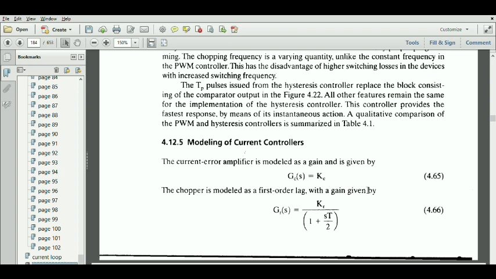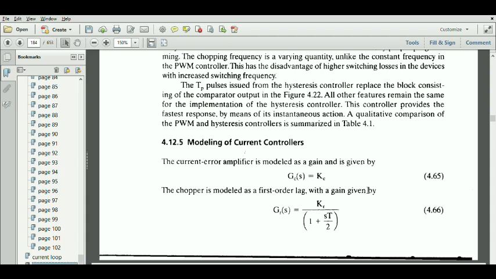Actually, for the chopper, when you find the gain, you are increasing or decreasing the voltage according to the duty ratio. If it is a chopper with duty ratio D or delta, and it is a buck converter, then it is D into the input voltage, so it will be a gain.